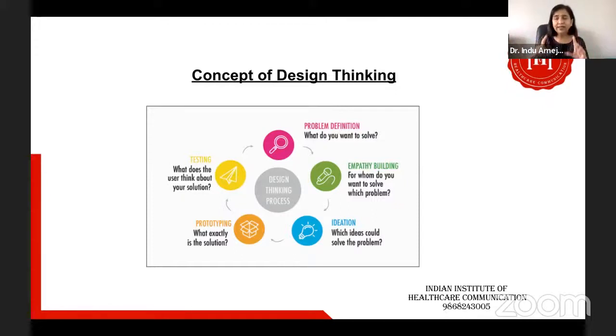Then you will test whatever new mechanism you have collectively decided on. If that works, then you will use it as a solution to generalize or apply. So design thinking is a wonderful concept to understand your patient's expectations and to ensure how you go about fulfilling them. It's a very beautiful concept.